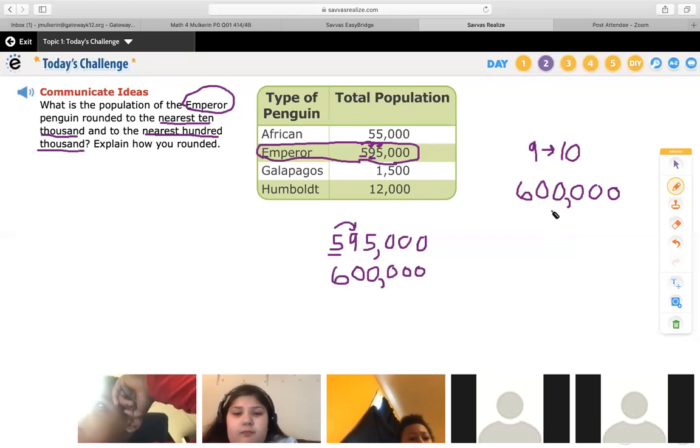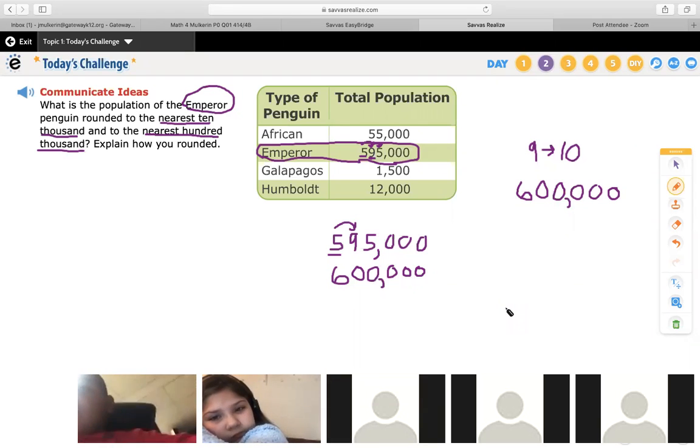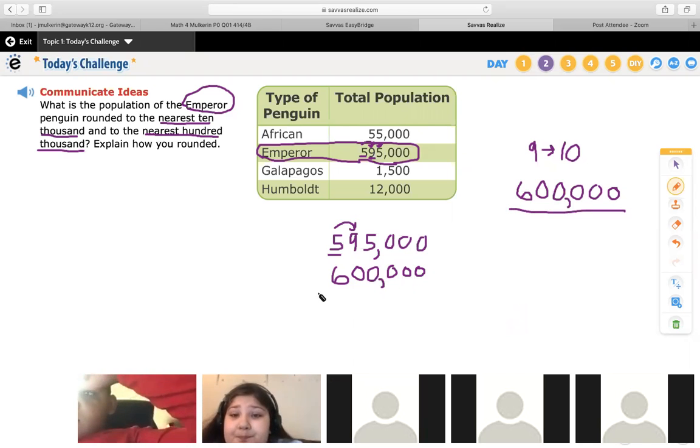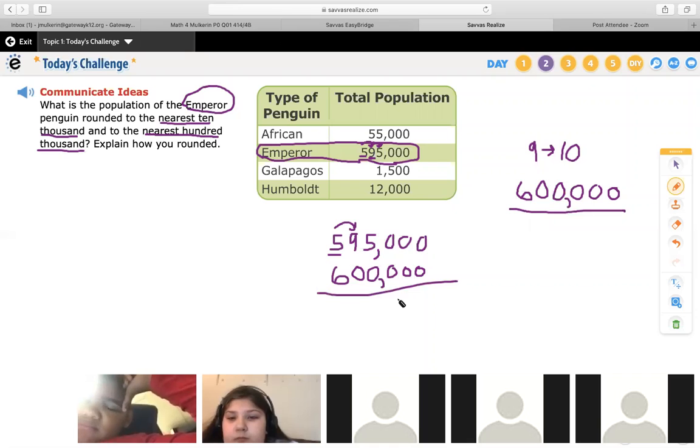I have this number here and this number here. What do you notice about them? They're both the same. They're the exact same number. So on this particular problem, when I round to the nearest 10,000 and when I round to the nearest 100,000, I get the exact same answer.